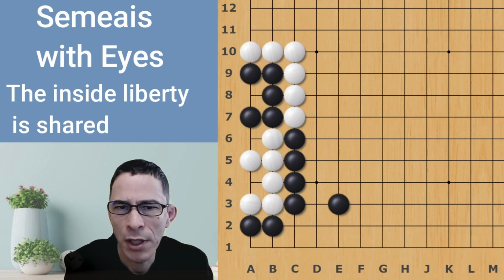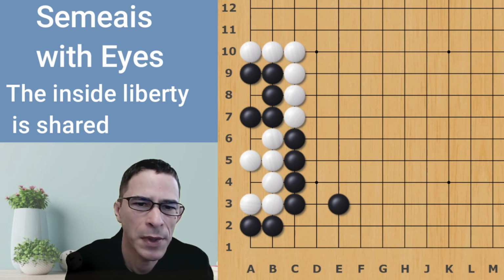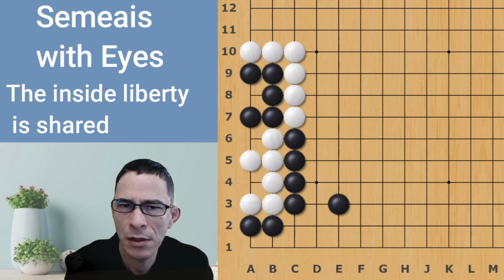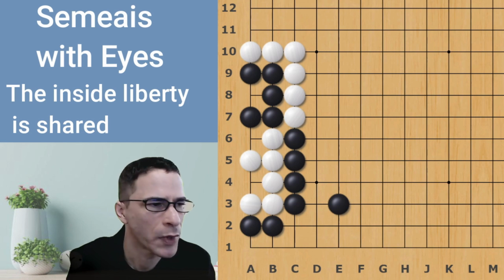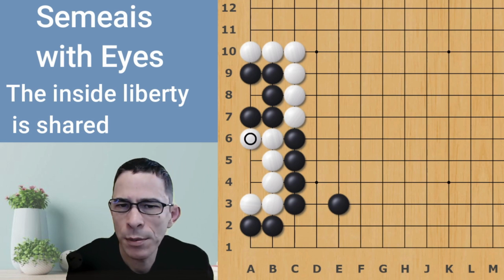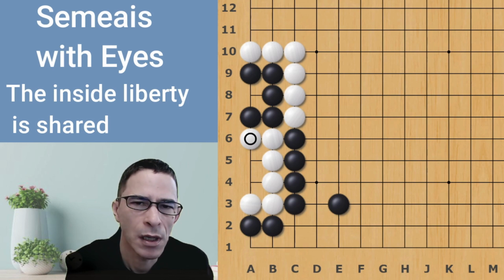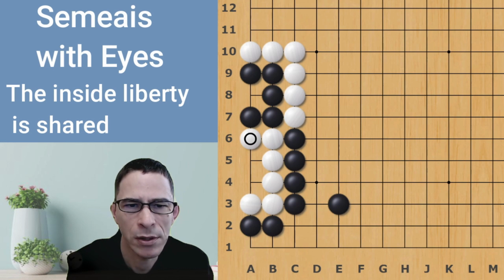This inside liberty has a tendency to make a seki. It gives the possibility of having a seki like we have here. If the inside liberty were filled, then this would be a normal sim-AI, you might say, in which the eyes do not really have any special values here. They're just the number of moves.